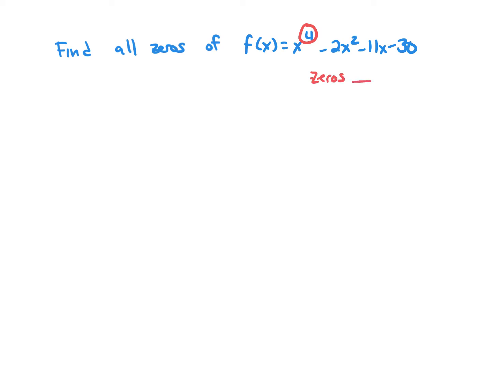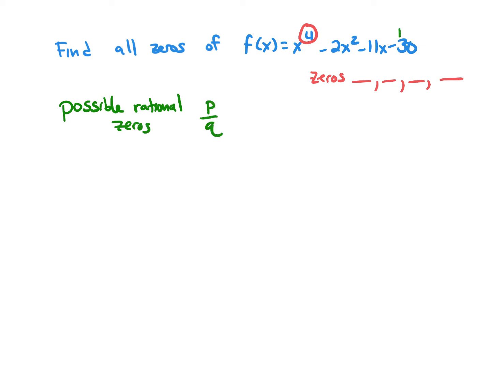So there are 4 numbers that I can plug into this function and get 0. Now I'm going to do the same process I did before. I'm going to look for the possible rational roots or rational zeros in that form p over q.